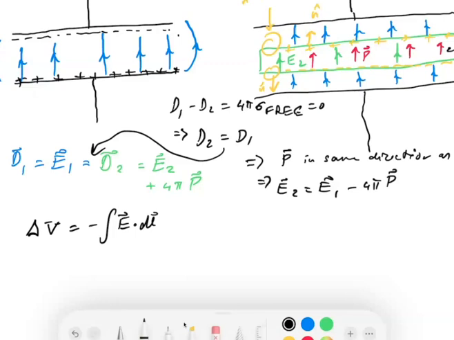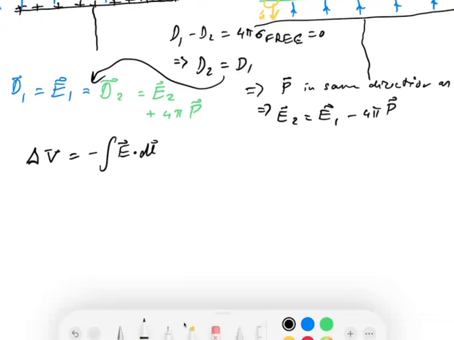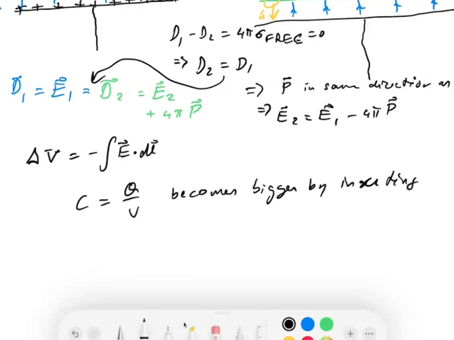So if the electric field becomes smaller, the potential difference becomes smaller. Okay. What does that mean? Well, it means that C, which is Q over V, becomes bigger by inserting the dielectric.